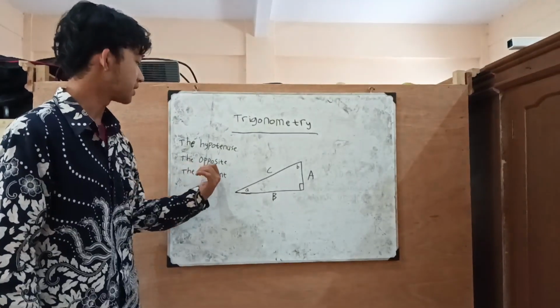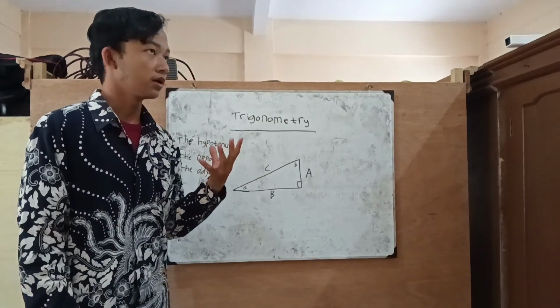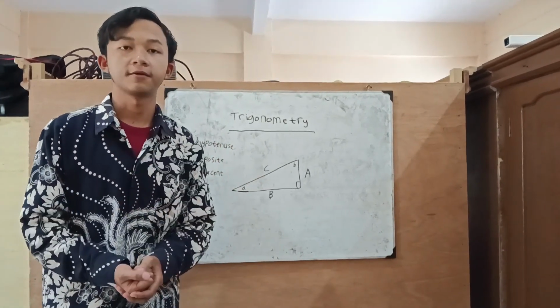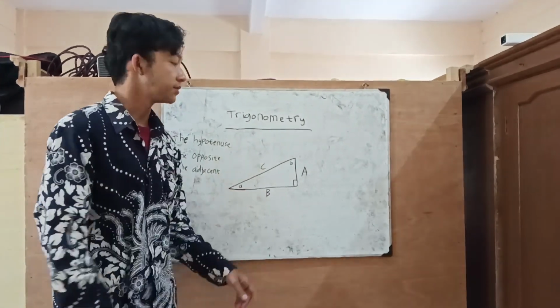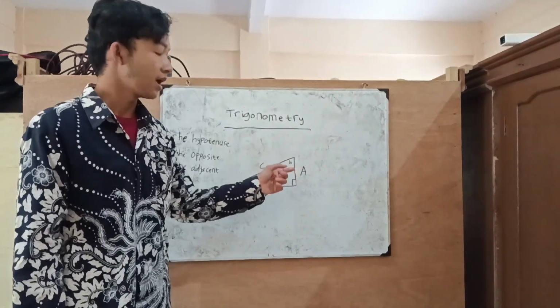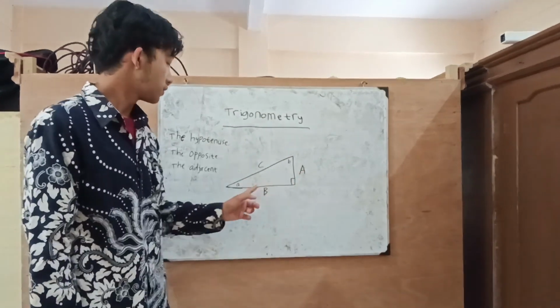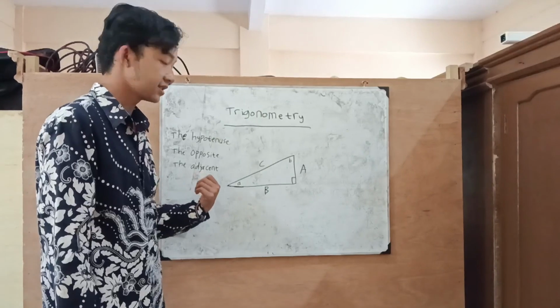And then the second is the opposite. What is the opposite? The opposite is the side across from the angle that you are considering. For example, I consider angle A. So it means A, here, is the opposite, because A is across from angle A. And then the third is the adjacent.